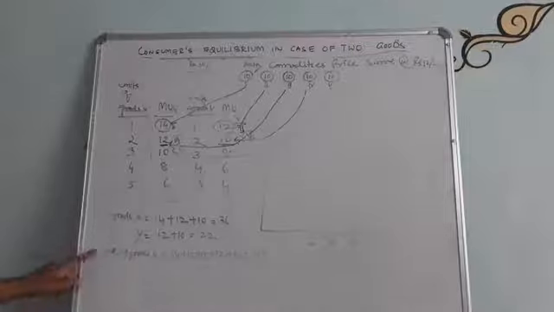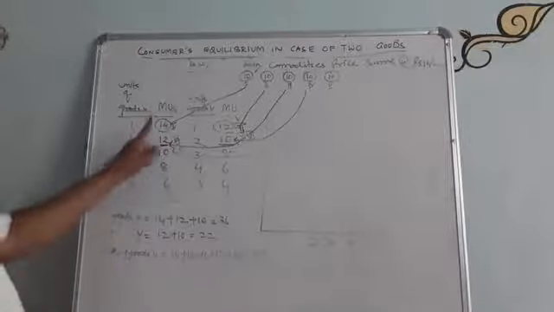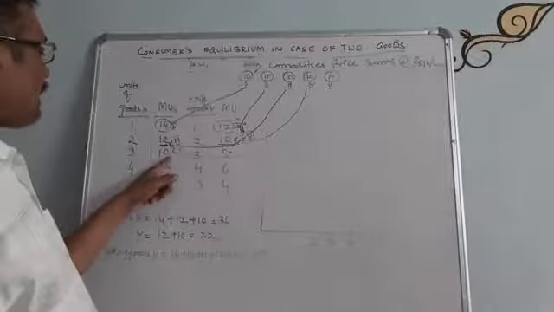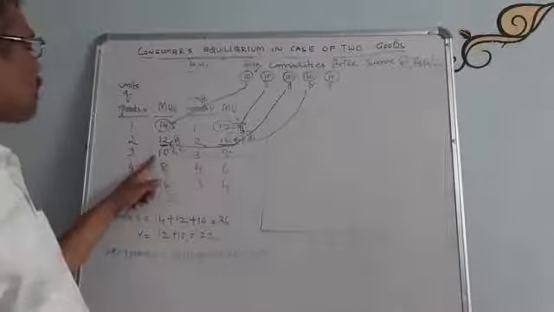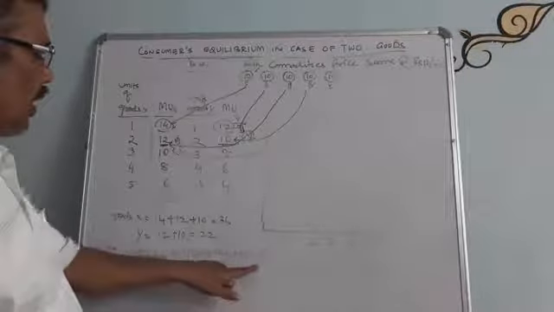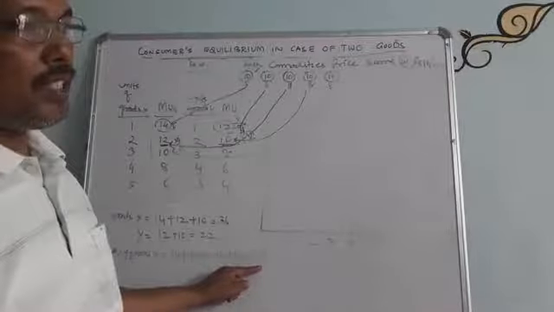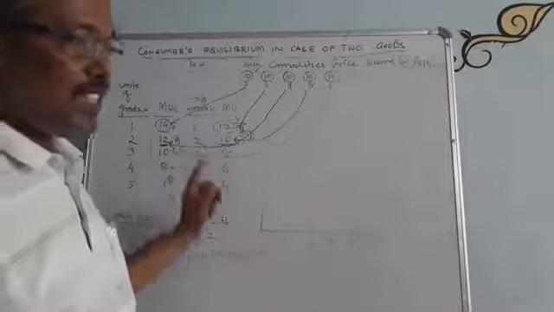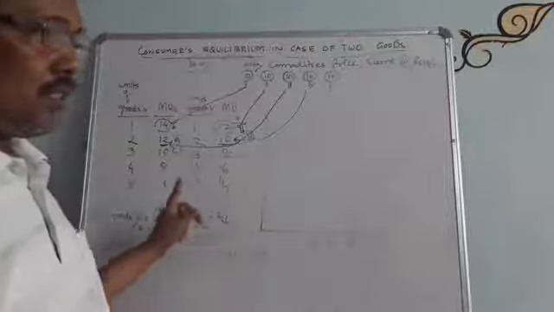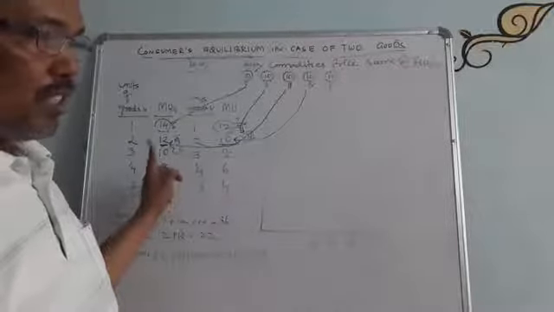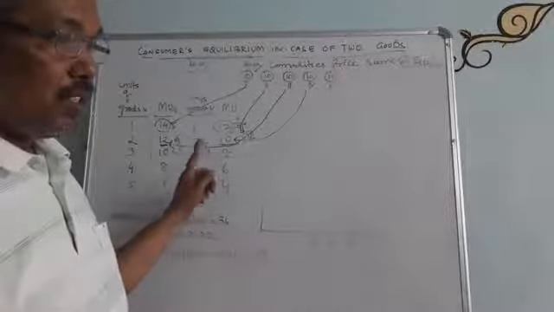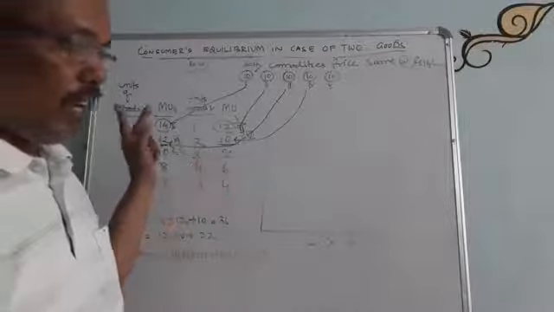So if the rational consumer spends on both goods X and Y, 3 units from goods X and 2 units from goods Y, he will get the maximum utility of 58. You calculate it.